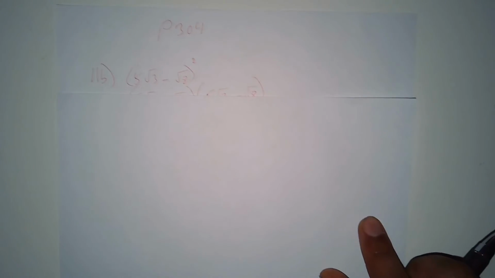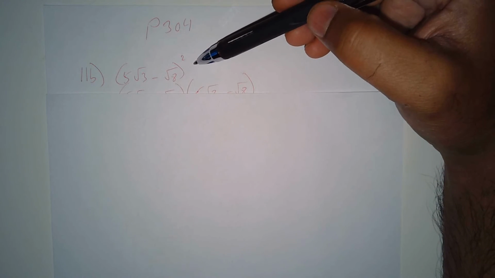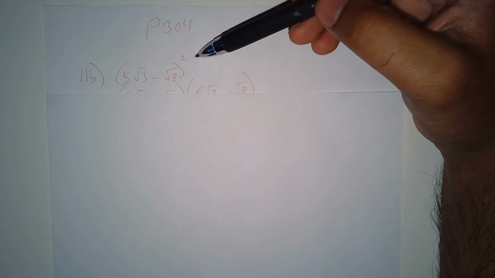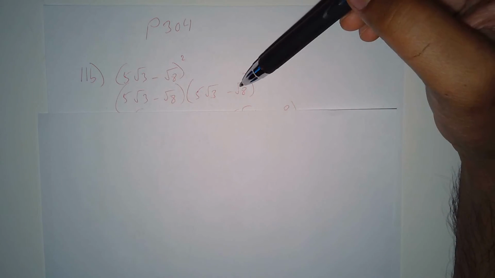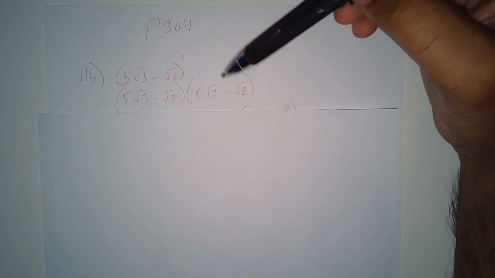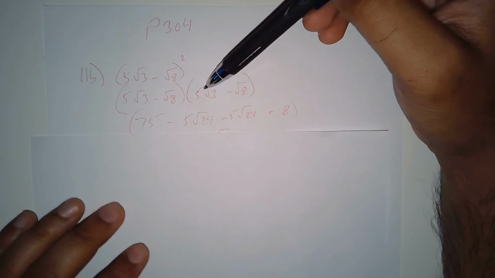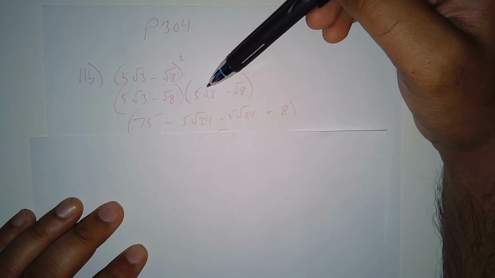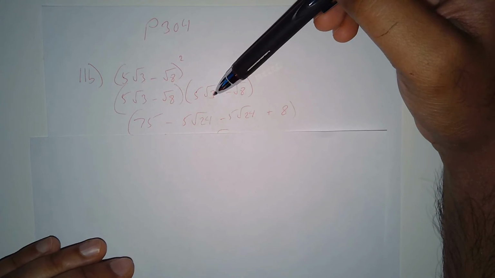Okay, and then page 304 here, this was the chapter review. So this one here, you're squaring. When you're squaring, that means you're just going to be multiplying by itself, just like what we did with the conjugate in the previous question. So 5 times 5 is 25, and then root 3 times root 3 is going to be root 9, which is 3.